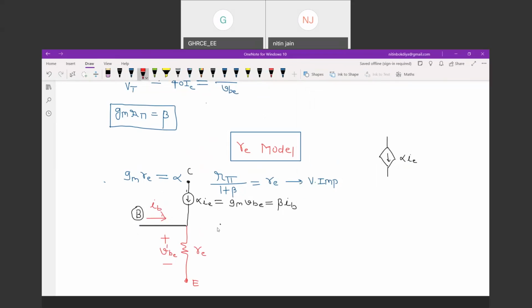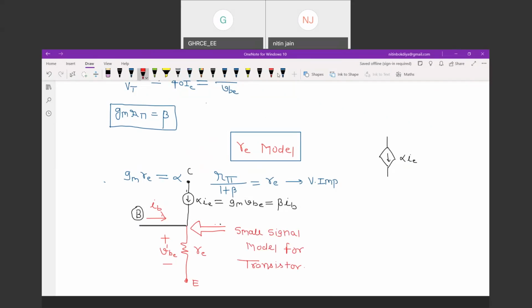This is the small signal model for the transistor.